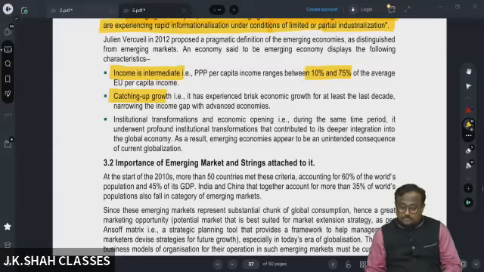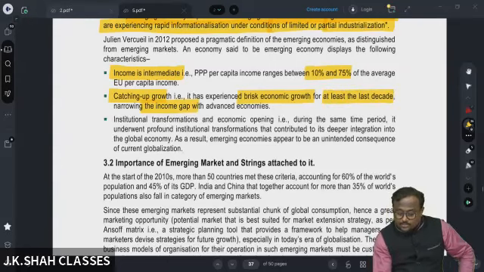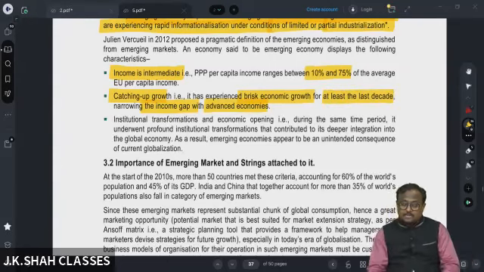Catching up growth. It has experienced brisk economic growth for at least the last decade, narrowing the income gap with the advanced economies. That is upcoming, emerging.